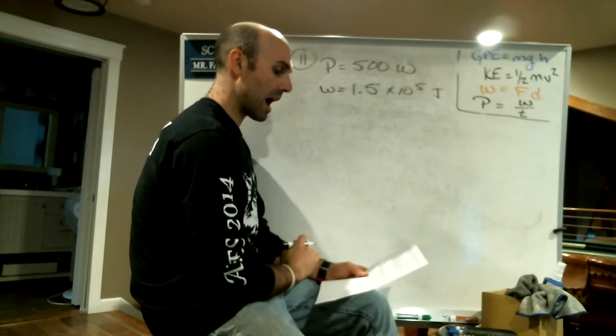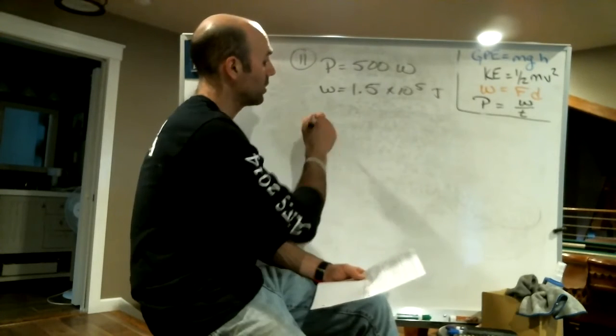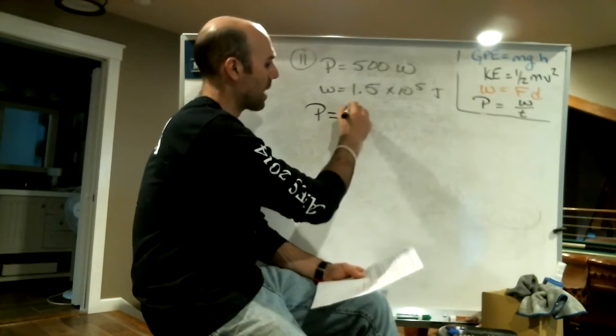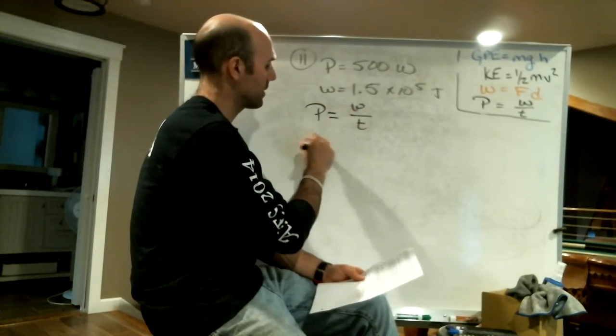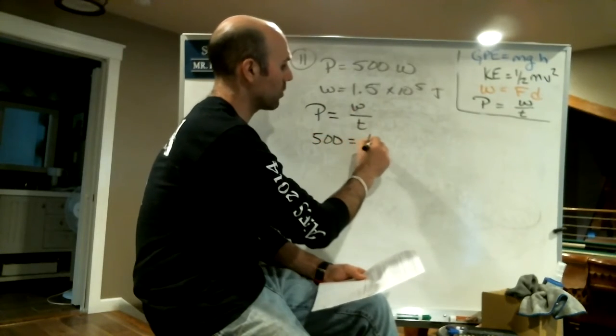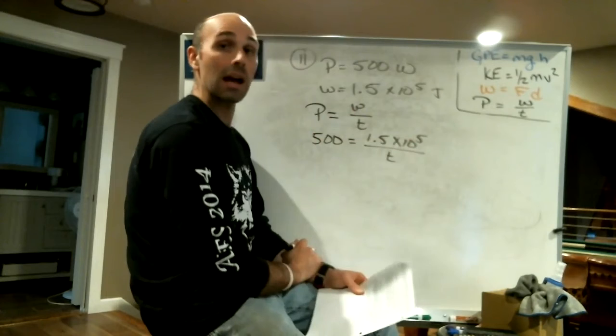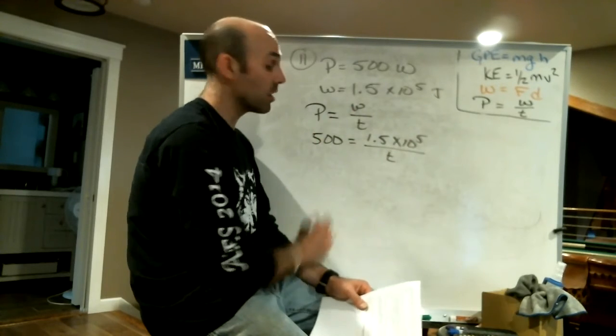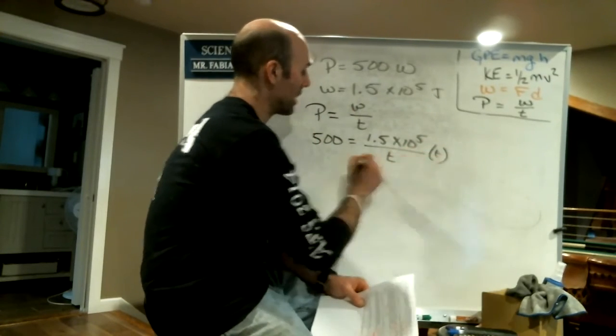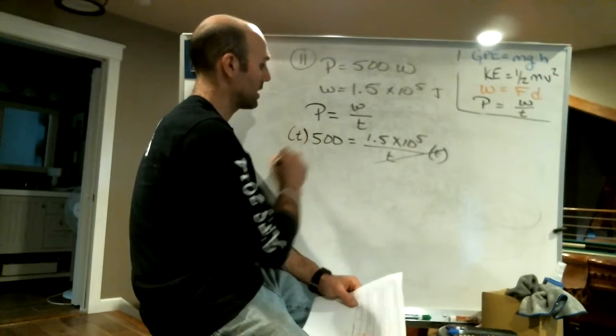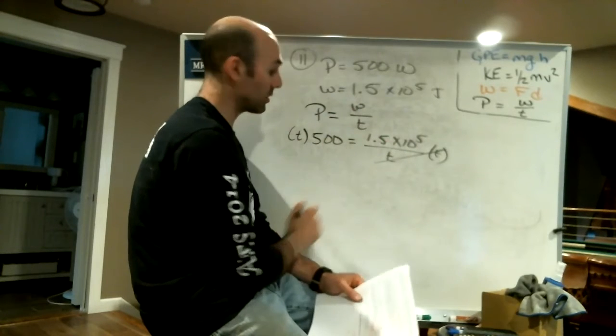And we want to know how long, time-wise. So let's take our power equation. Power equals work over time. 500 equals 1.5 times 10 to the 5th, just plugging everything in, over T. How do we solve this, guys? We multiply by T on both sides, and then we divide by the 500.